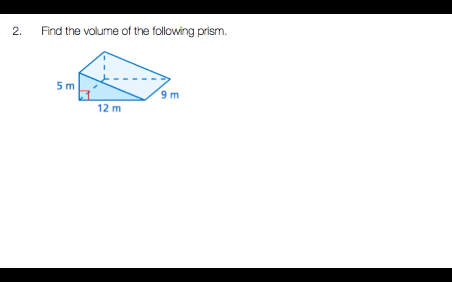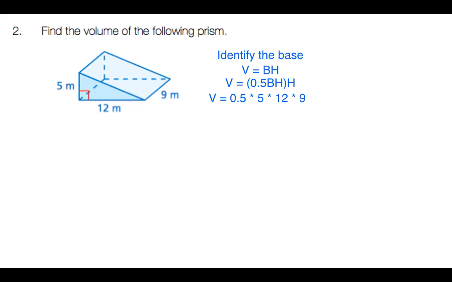In our second example, we're now looking for a base, but now it's a triangle. So now we need to substitute in 1/2 base times height as our base. So you need to be careful. So we're plugging in 5 and 12.